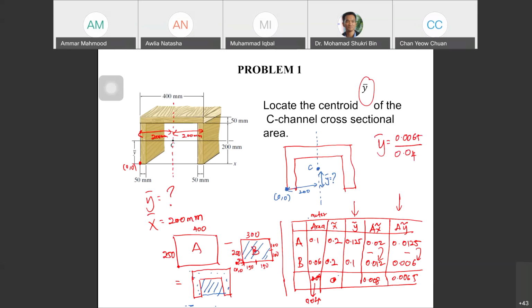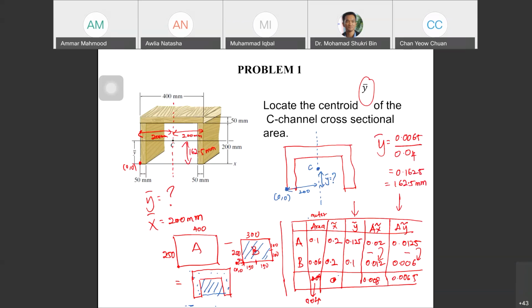So you get the answer 0.0065 divided by 0.04, which is 0.1625, or 162.5 mm. So the location, the distance here, is 162.5 mm. Okay, location of the centroid.